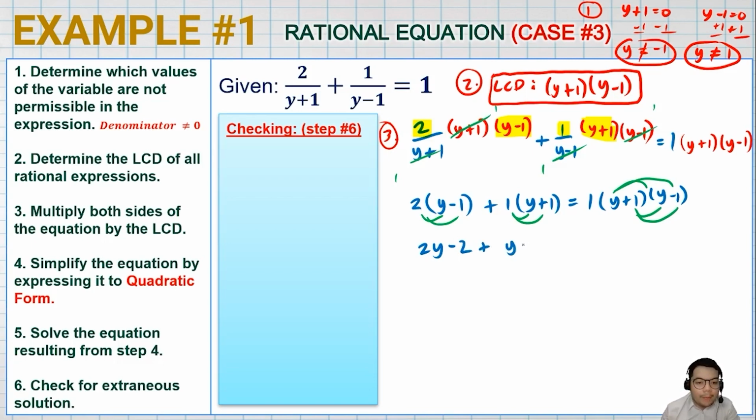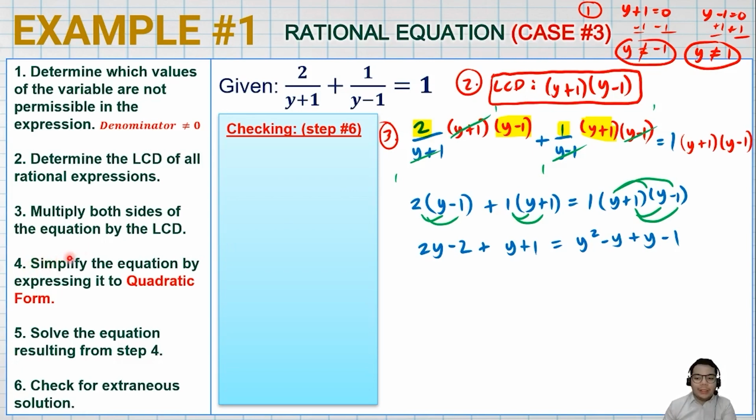So, y plus 1. So, parang kinopya lang natin. Next, we have to do FOIL. So, we have y squared. Y times y. Then, y times negative 1 is minus y. Then, 1 times y is plus y. Then, 1 times negative 1 is minus 1. And that's how we multiply or we do the step 3 of this solving rational equation.